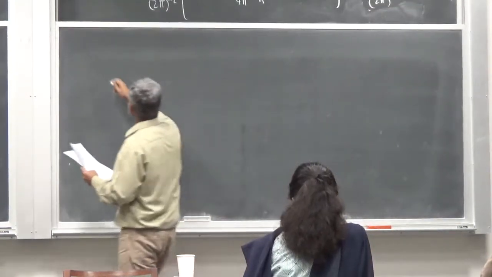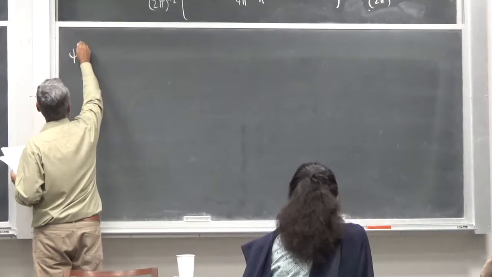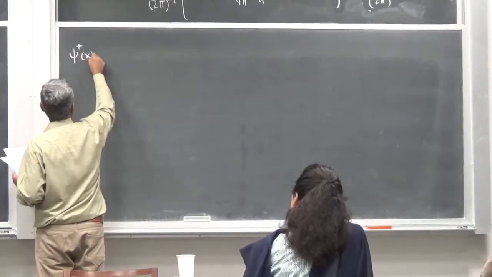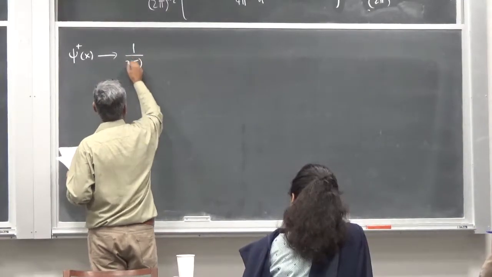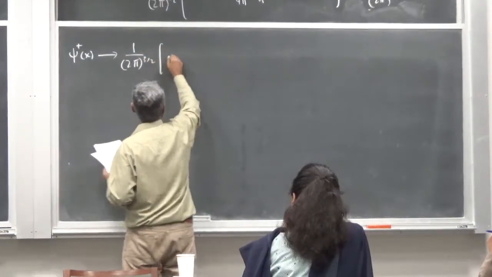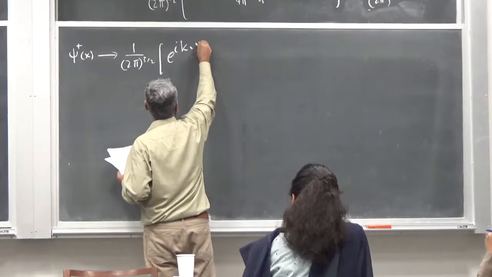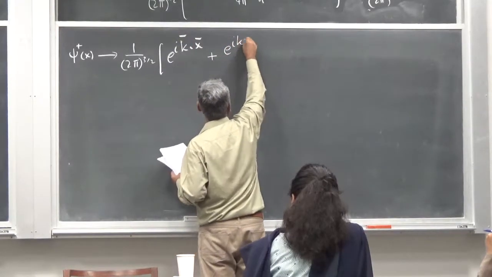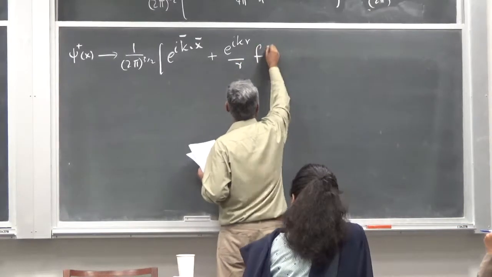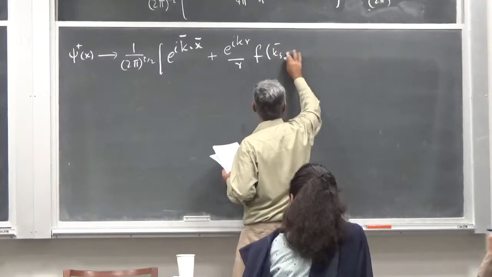So, again, psi plus of x goes to 1 over 2 pi to the 3 halves, e to the i k dot x plus e to the i k r over r f of k_s, k.